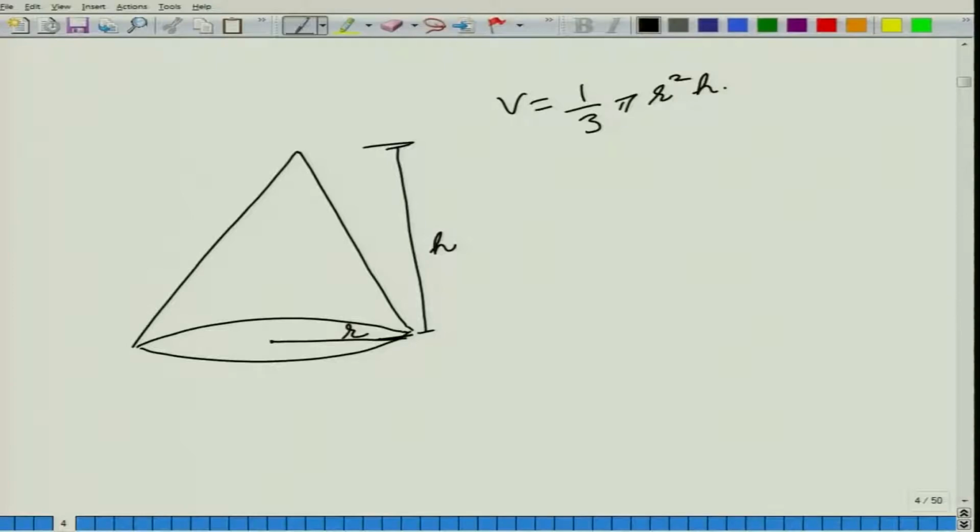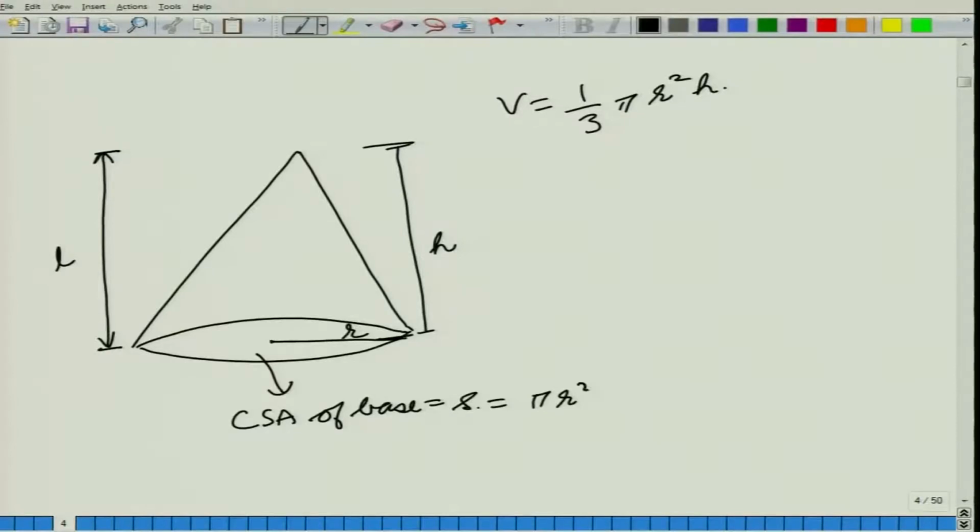Now, changing the notations, we can call the length of the solid as L and the cross sectional area of base as S. The cross sectional area of base is given by pi r square. So, in this formula we are replacing pi r square with S and h with L.